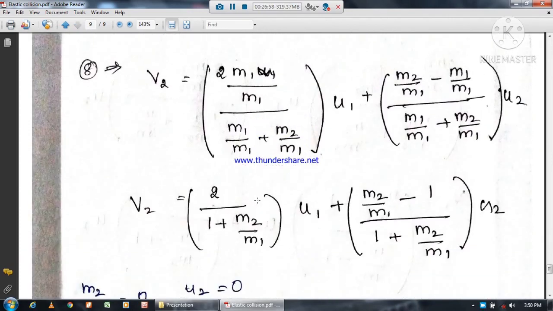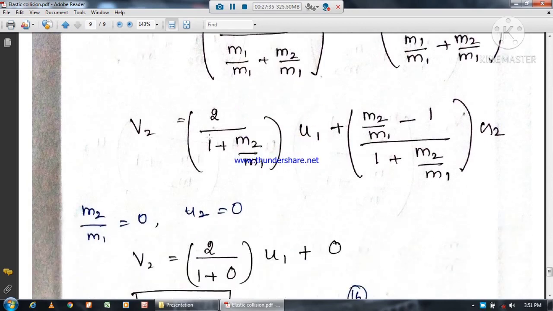Here we divide the numerator and denominator of equation number 8 and 9 by m1, because in case 3 the first body is lighter and here the second body is lighter.